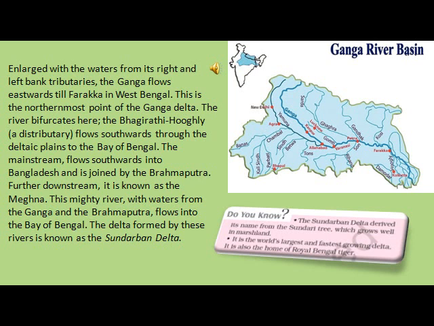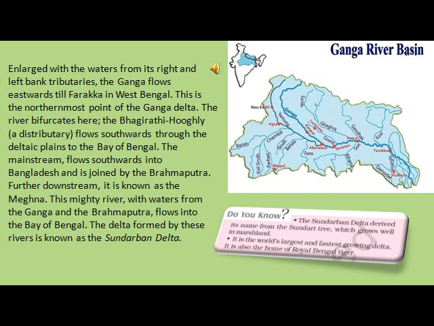The main stream flows southwards into Bangladesh and is joined by the Brahmaputra. Further downstream it is known as the Meghna. This mighty river with water from Ganga and Brahmaputra flows into the Bay of Bengal. The delta formed by these rivers is known as Sundarban Delta.